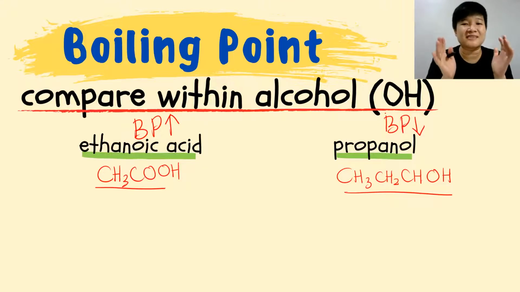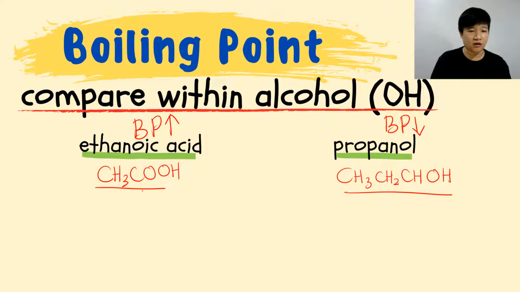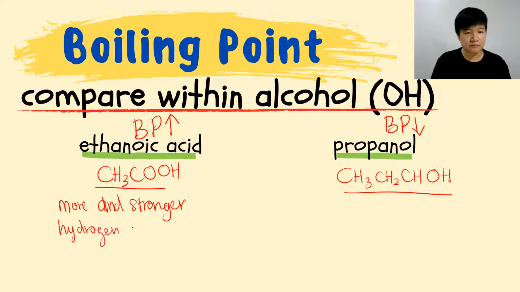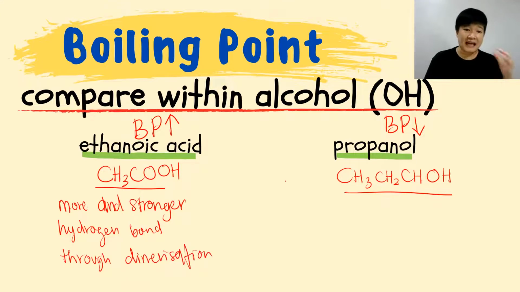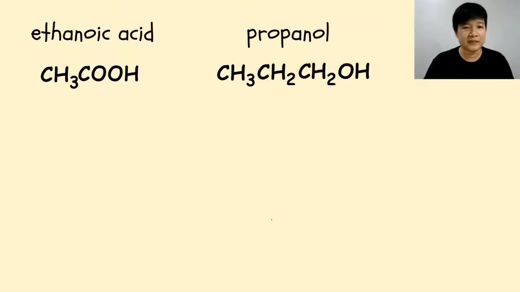And the only sentence that we need is because your carboxylic acid can form more and stronger hydrogen bond through dimerization. And that is the only reason why your carboxylic acid is having a higher boiling point than the similar mass alcohol. Alright? Simple.